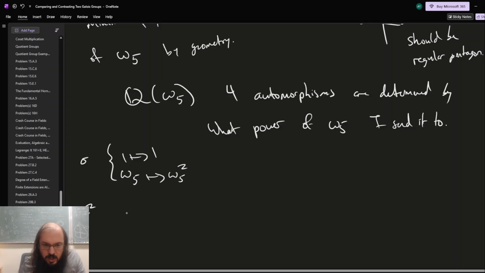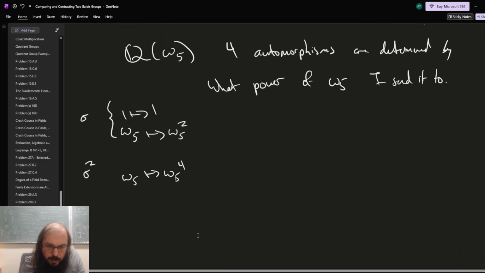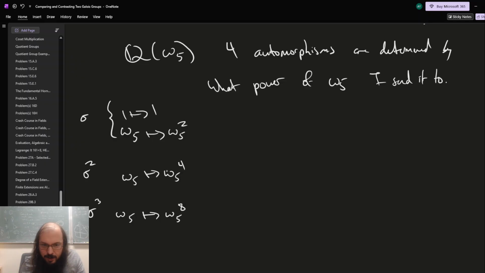Sigma squared still sends 1 to 1. Omega 5 is then going to be mapped to omega 5 to the 4th power. What about sigma cubed? That sends omega 5, each of these guys goes to its own power. That's omega 5 to the 8, because I have to apply it to each of these again. But omega 5 has the property that omega 5 to the 5 is 1. So this is omega 5 cubed.